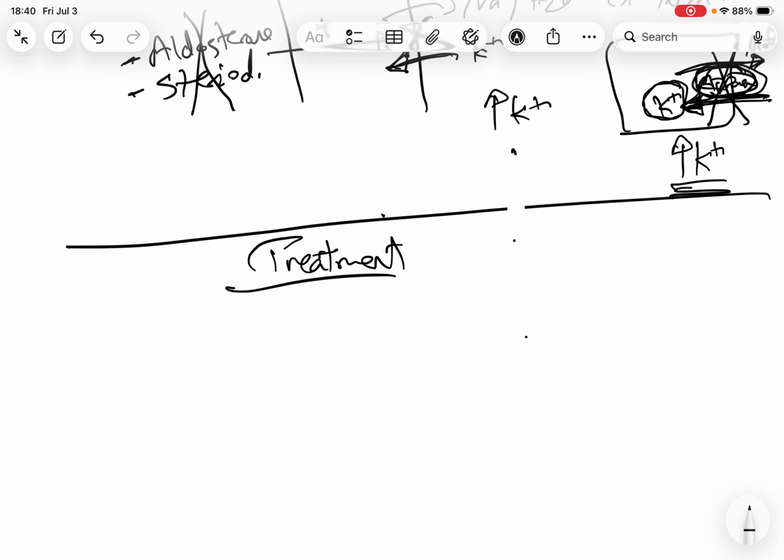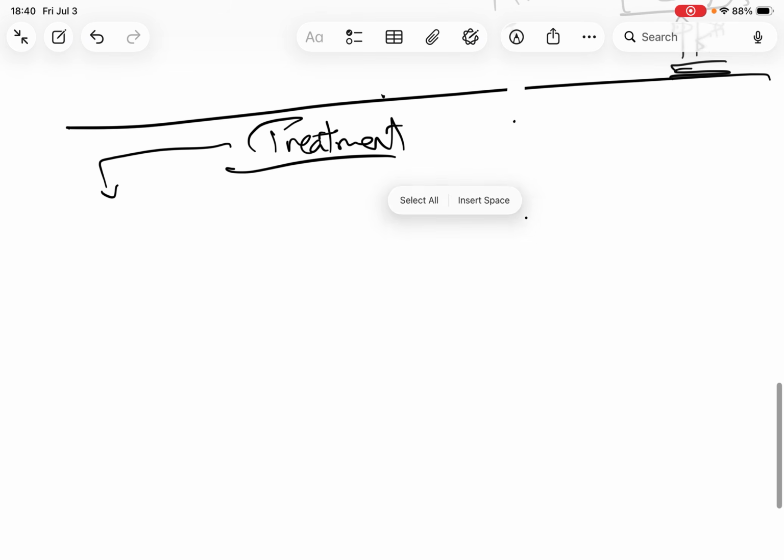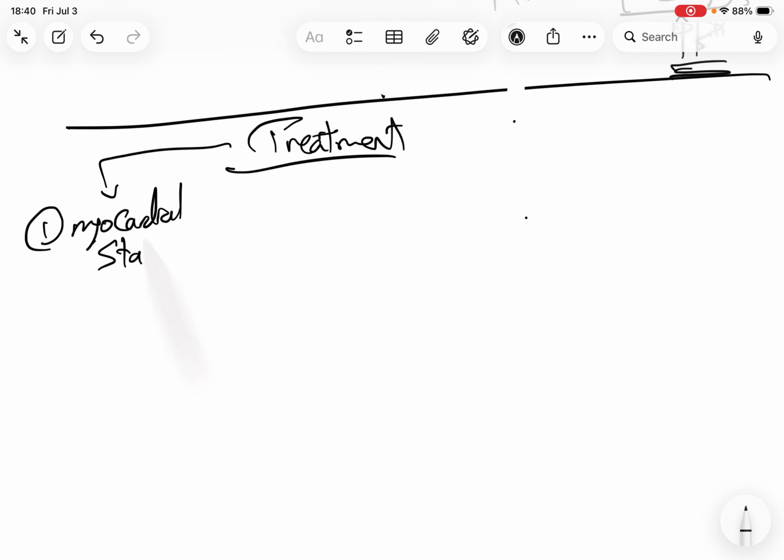The first one is myocardial stability. So I have hyperkalemia, there is a risk of arrhythmia, and my goal here is not to lower the potassium level, but to prevent arrhythmia from happening.